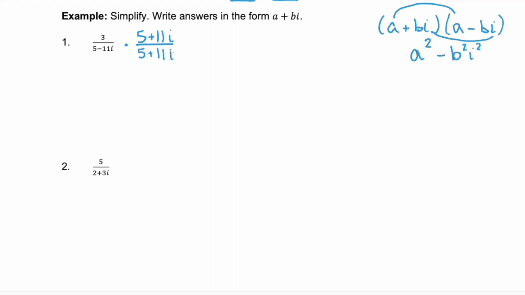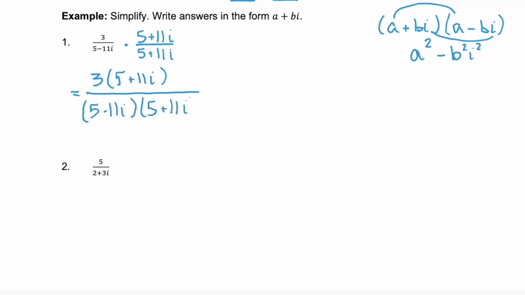We have the conjugate, so now we're just going to multiply. Our numerator is going to be 3 times 5 plus 11i, and our denominator, for this one I'll write it fully out, it's 5 minus 11i times 5 plus 11i. Now, right below it, I'm going to FOIL.